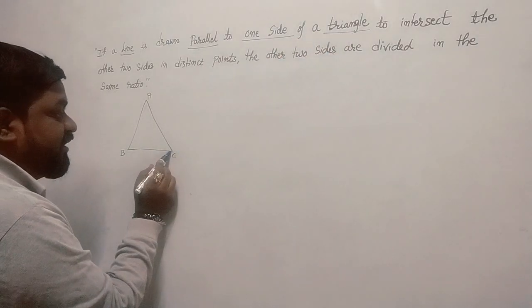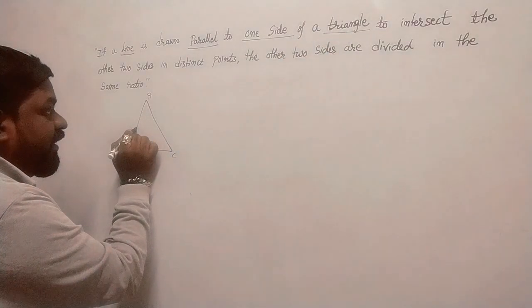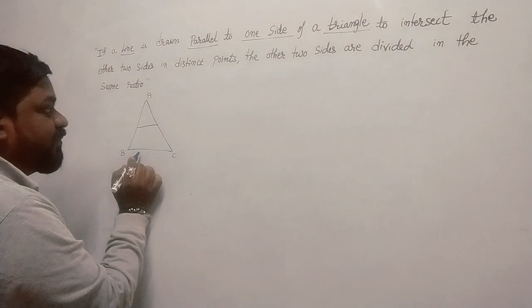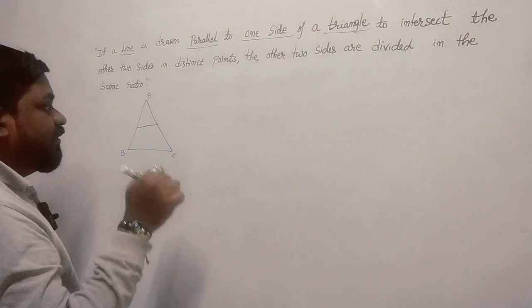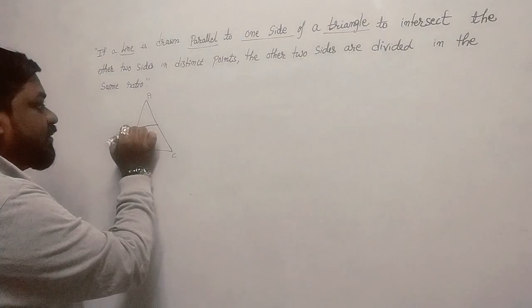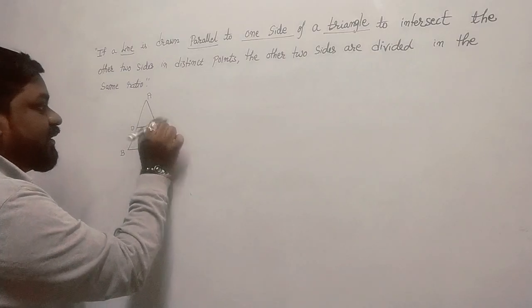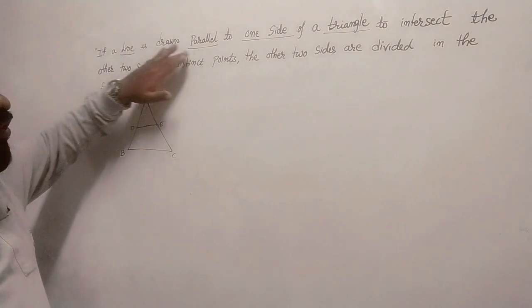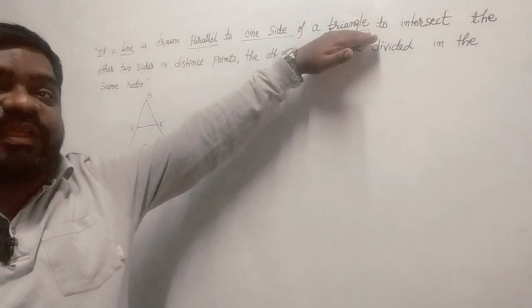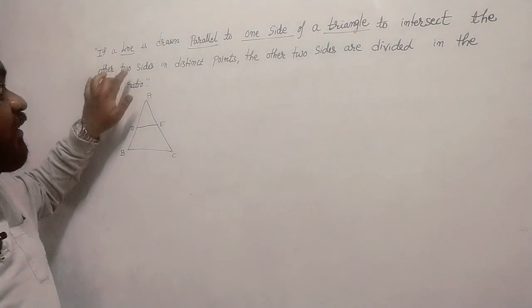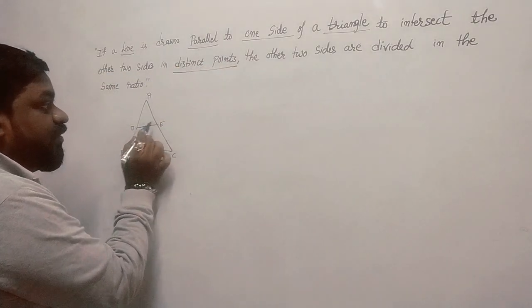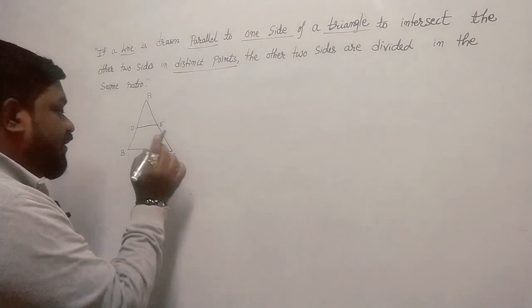Let's consider BC as one side and draw a line parallel to BC, and name it DE. The line intersects the other two sides in distinct points, so I have taken two distinct points.